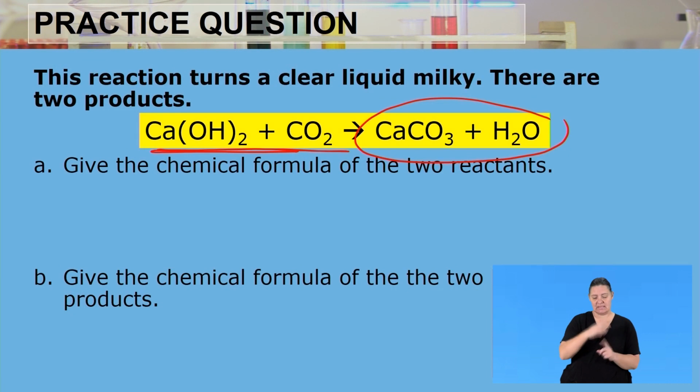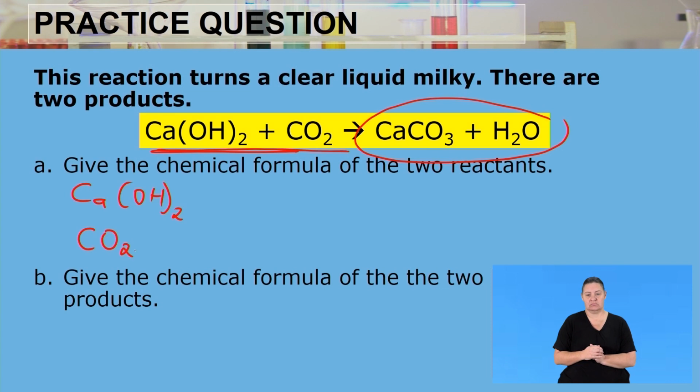So our reactants are Ca(OH)2. We also have CO2 because those are written before the arrow, or on the left-hand side of the arrow. Then the products, because the next question is asking us to give the chemical formula of the two products from this particular chemical reaction.